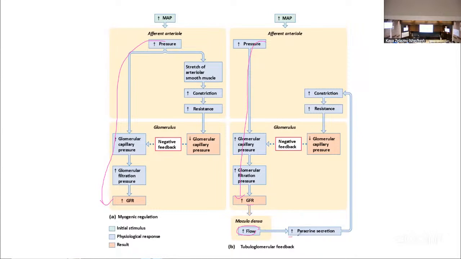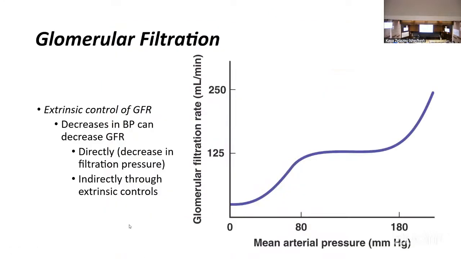So they're sending out their paracrine signals, those local signaling molecules. And the reaction of the afferent arteriole is to constrict, which increases the resistance, which is another way we're doing negative feedback, turning off that increase in glomerular capillary pressure. So these are two of the three ways that we intrinsically regulate the glomerular filtration rate.